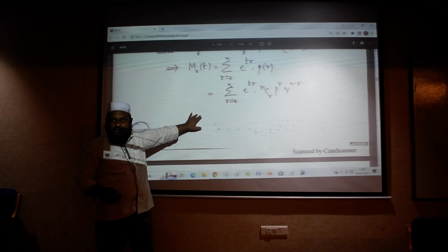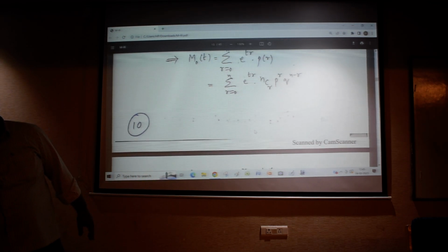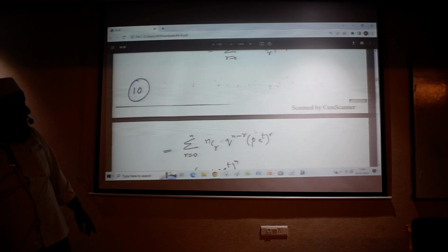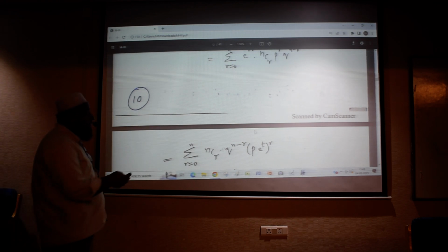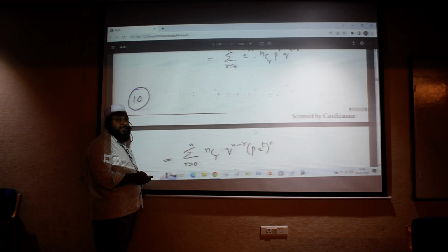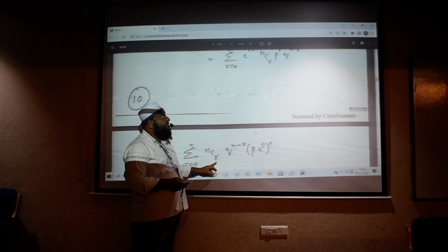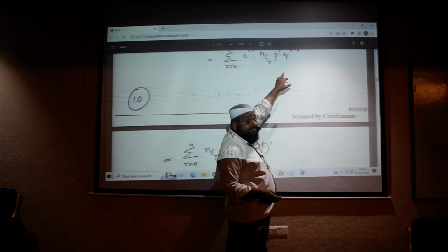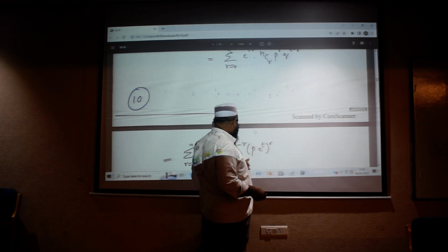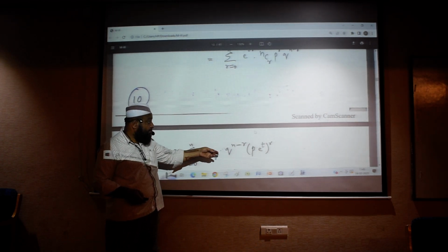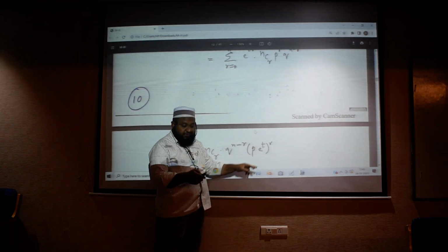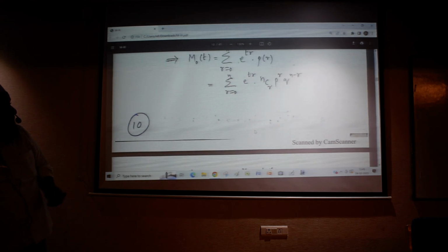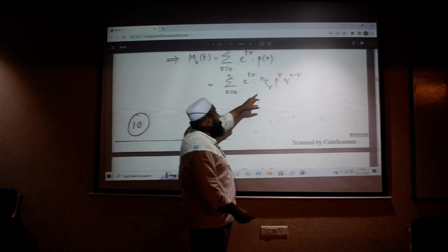Shall we move forward? Now some simplifications only. I am writing first nCr q to the power of n minus r, and then p to the power of r.